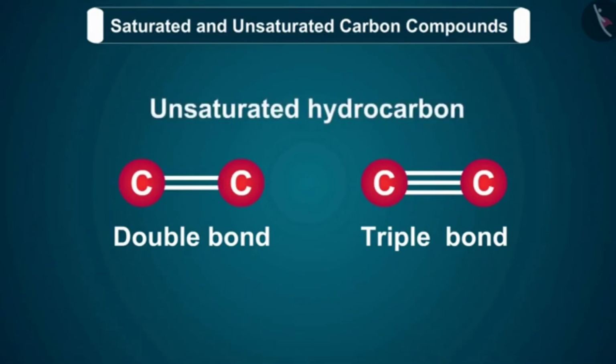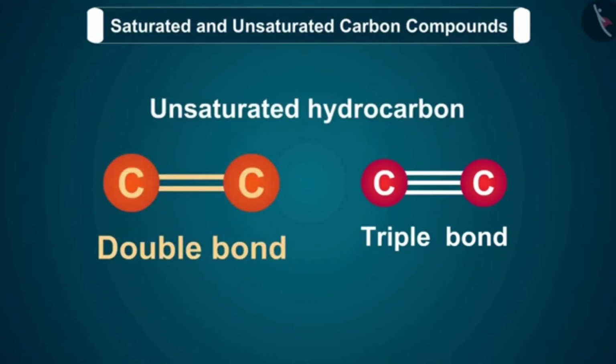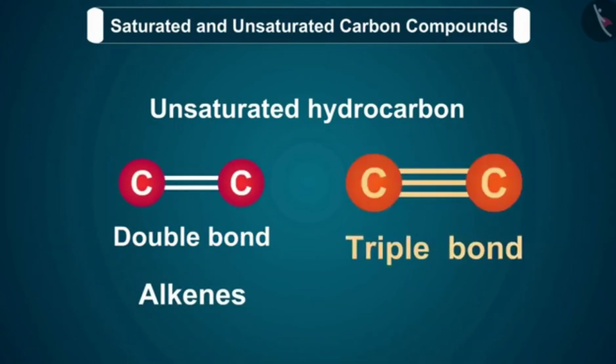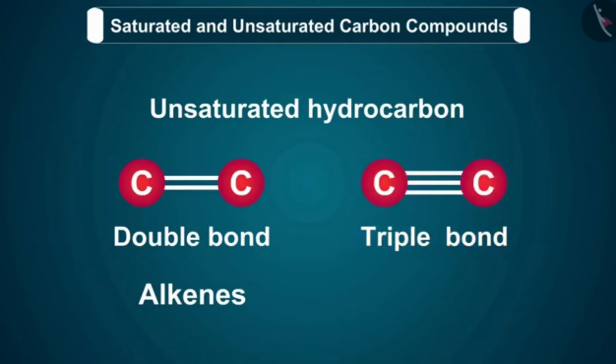Unsaturated hydrocarbons are of two types. 1. Double bonded hydrocarbons, also called alkenes. 2. Triple bonded hydrocarbons, also called alkynes. We will now discuss each in detail.